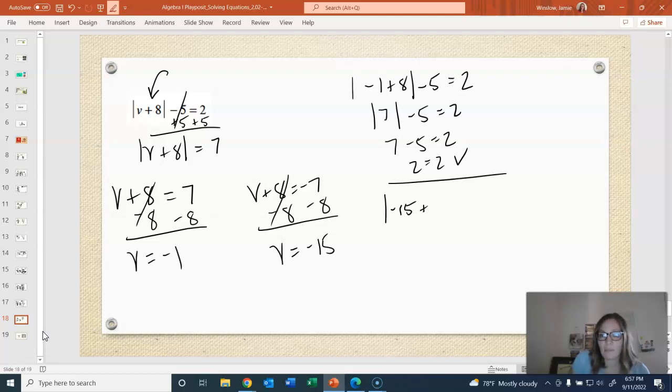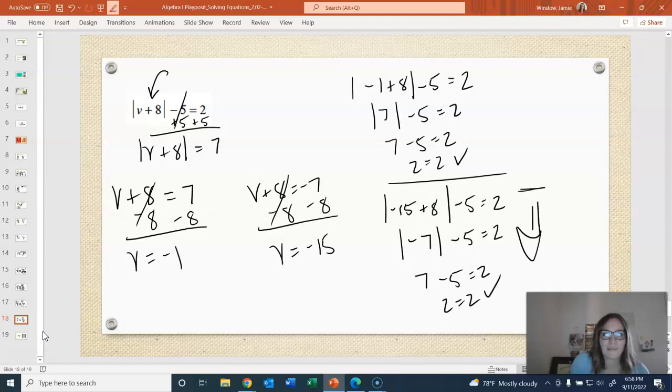Negative 15 plus 8 minus 5 equals 2. Does it equal 2? Negative 15 plus 8 is negative 7. Absolute value of negative 7 is 7. It's always the positive. And sure enough, 7 minus 5 is 2. Big happy face. Party hat if you want.